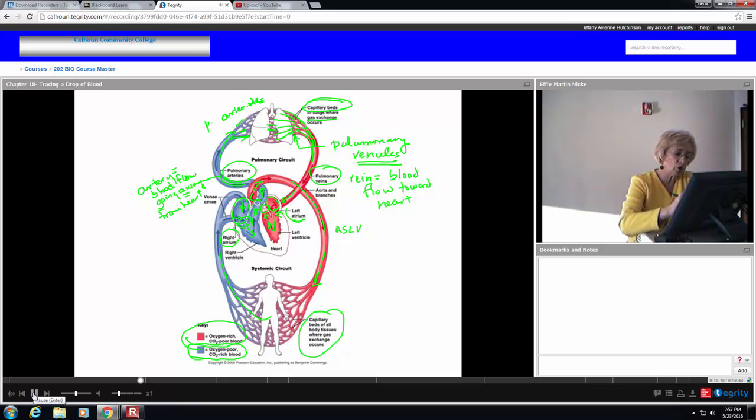So you're coming out to the tissues by way of arteries, and they're red because they've got oxygen in them, and then you're coming back into the heart after you've exchanged for the CO2 into veins that are blue because they've got CO2 in them.